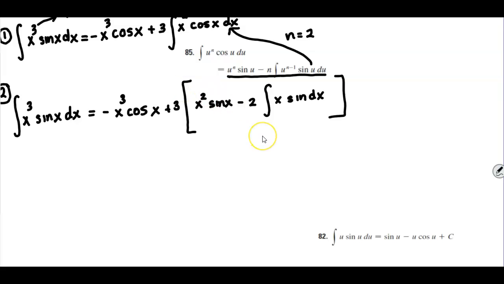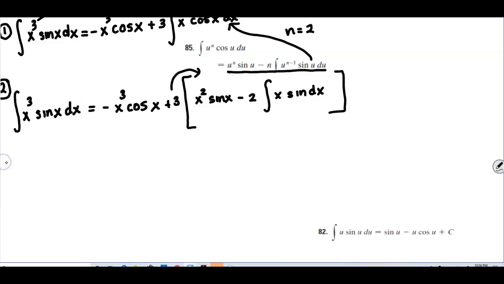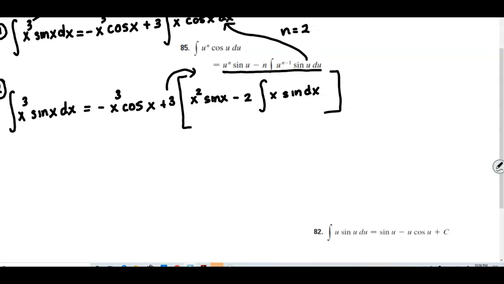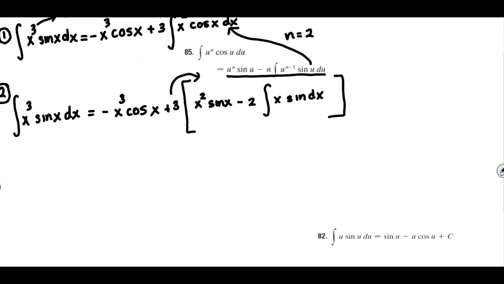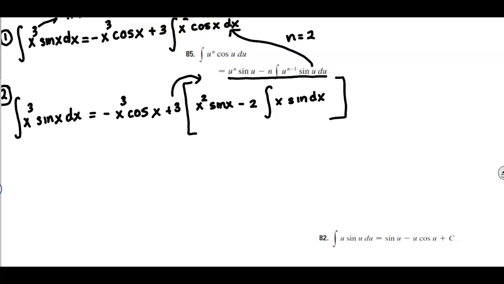So let's go ahead and distribute this 3 to those terms. I have x cubed sine x dx, which is now equal to negative x cubed cosine of x.